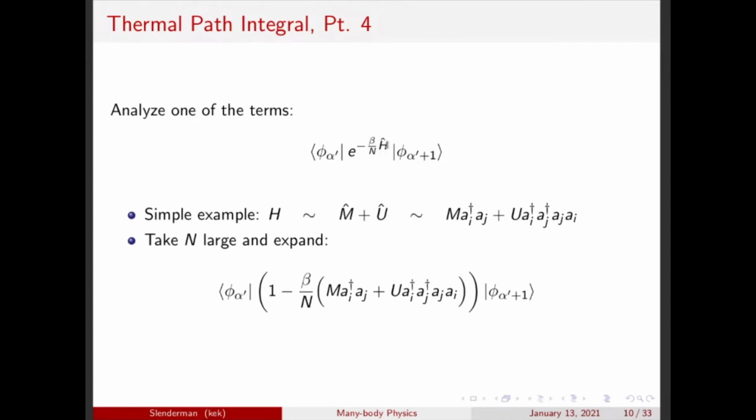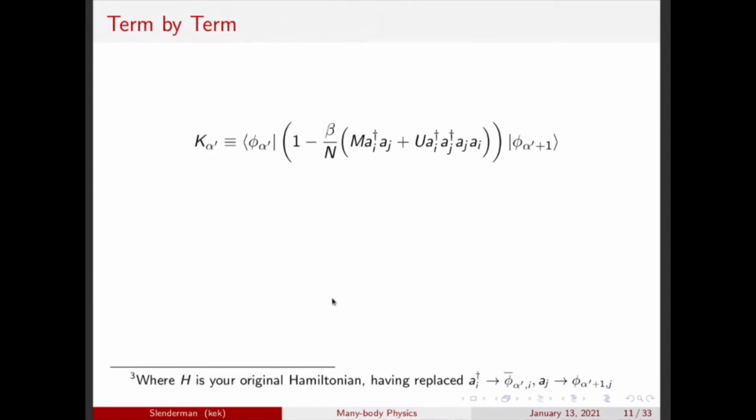Since H is bounded from below and above, in this effective description, we can take n large enough to justify this Taylor expansion and truncate it to just this 1 over n term. And we can analyze this quantity term by term.